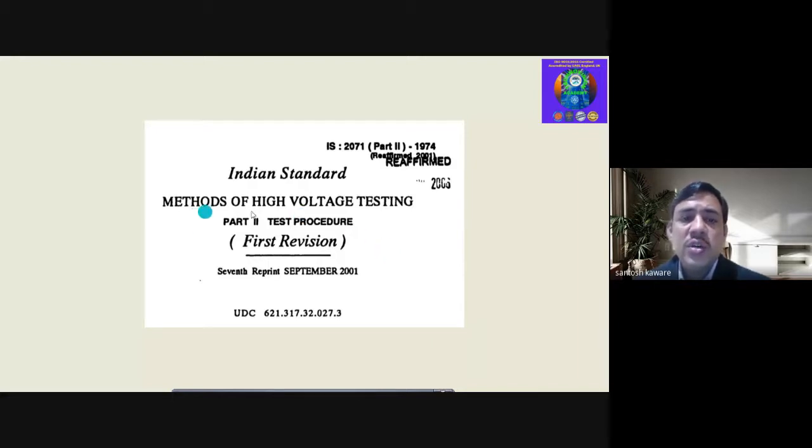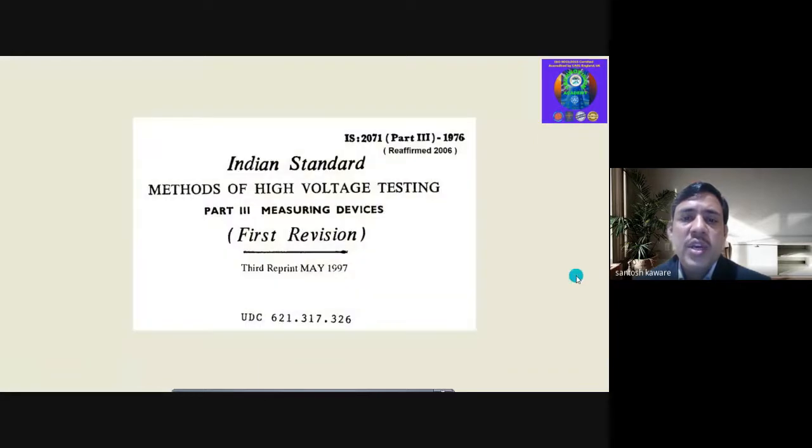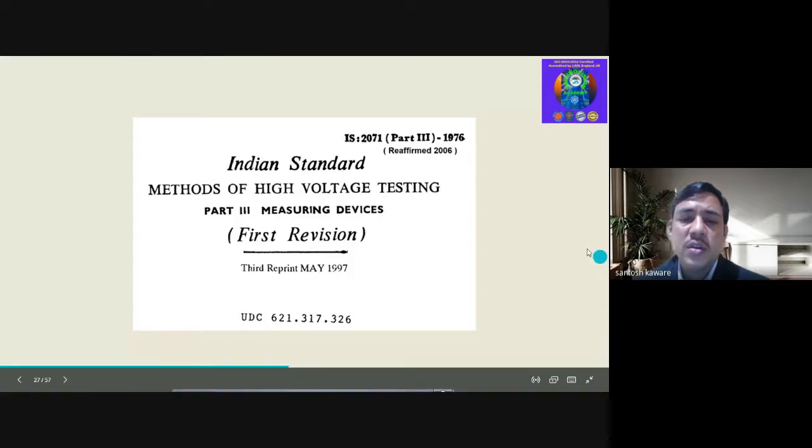So these are some of the standards which talk about the test procedures of the high voltage equipments. Then we have IS 2071 Part 3, which actually came in 1976, but it is again revised in 2006. So it talks about the measuring devices, methods of high voltage testing.